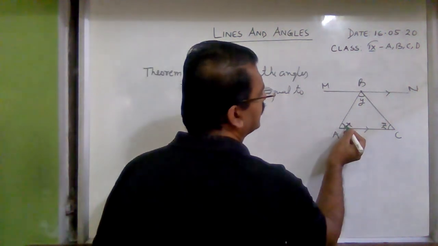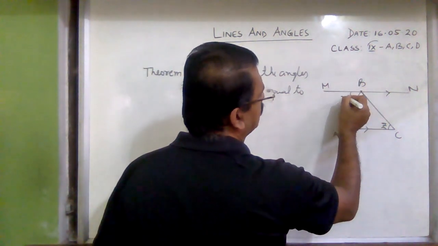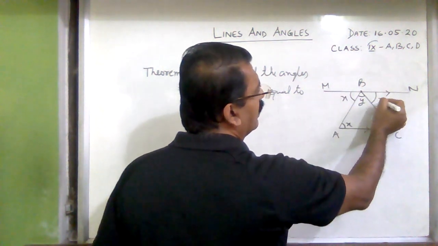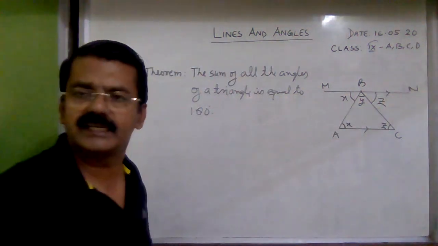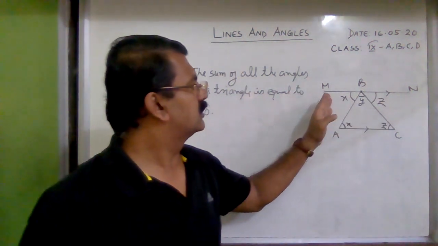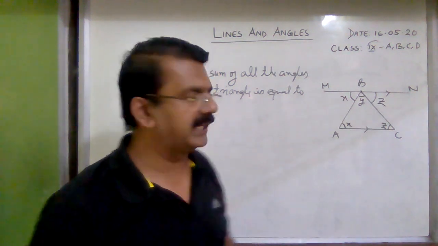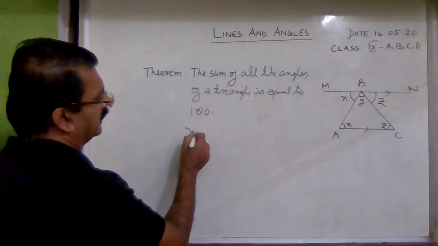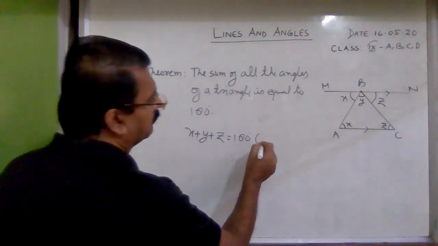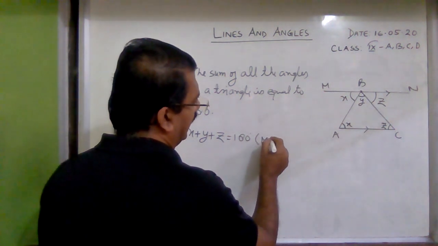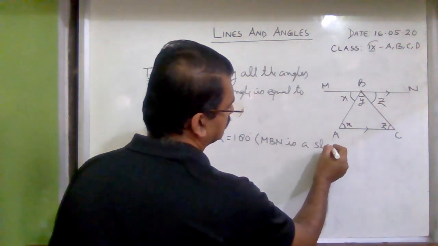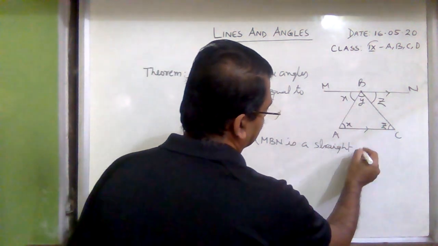Now you see, if this angle is X, then this will also be X because they are alternate interior angles. If this angle is Z, then this angle will also be Z because they are also alternate interior angles. And now as MBN is a straight line, the sum of X, Y and Z will be 180. So X plus Y plus Z is equal to 180 because MBN is a straight line.